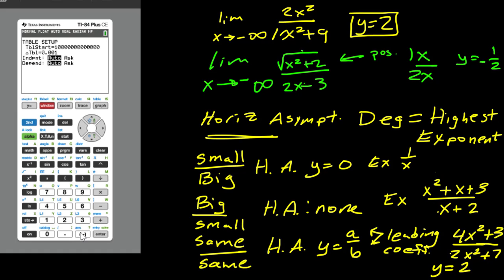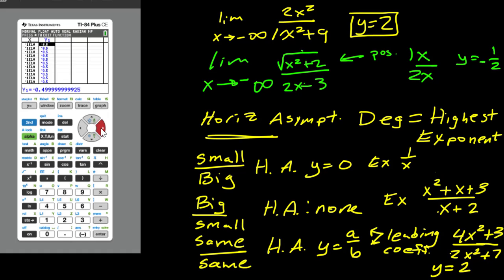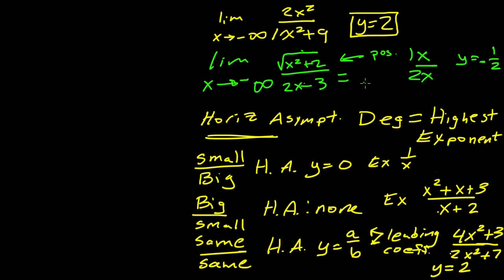Again, if I go to my table and put in a very, very small negative number and bring up the table, hopefully you can see that it comes out to about negative 0.5, which is negative 1/2. So we are correct. The limit here would be negative 1/2.